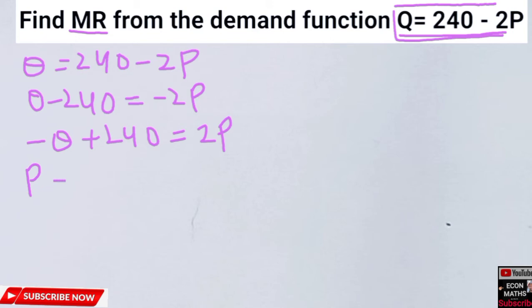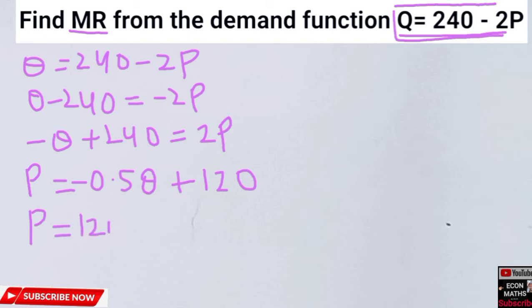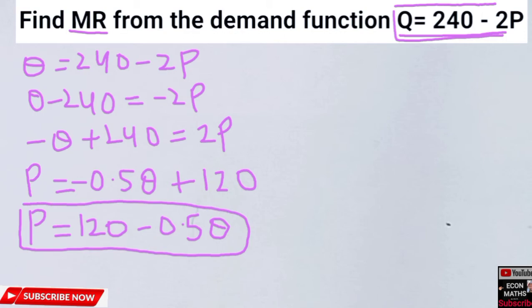So this will become minus 0.5 Q plus, now 240 divided by 2 is equal to 120, or we can write it as P is equal to 120 minus 0.5 Q. So this is our inverse demand function. We got the inverse demand function.